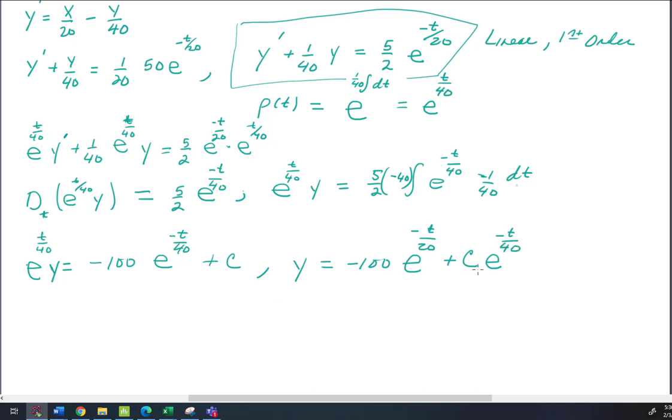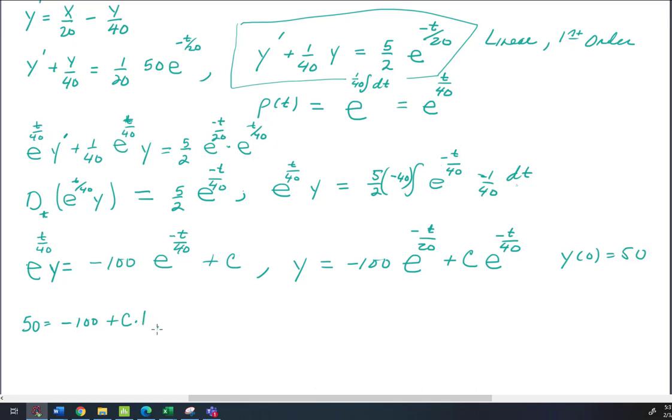Almost done. Remember, we've got an initial condition that y of 0 was 50 pounds of salt, and so using that initial condition, I would have that 50 was equal to negative 100, and then this would be a 1, wouldn't it, because t is 0, plus c times, and that would be a 1 also, so c times 1.